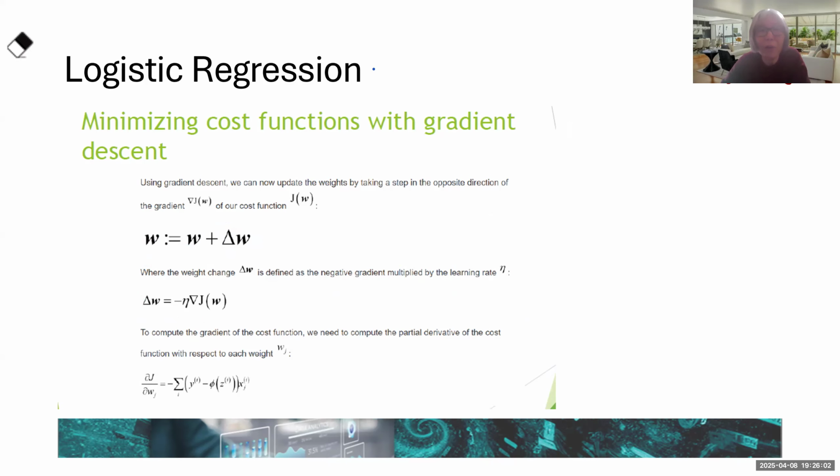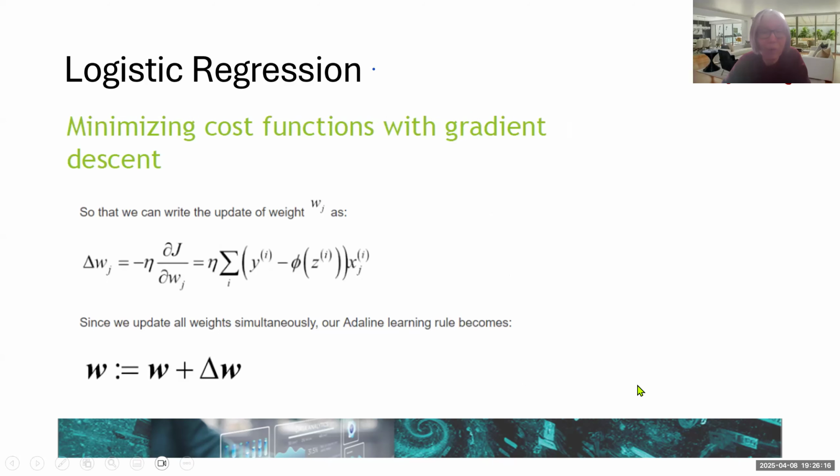Like Adaline, it's a linear combination. But for logistic regression, the activation function is sigmoid. And because of that difference, the cost function will also be different. So we already explained, you take the derivative. If it is Adaline, then we will have this result.